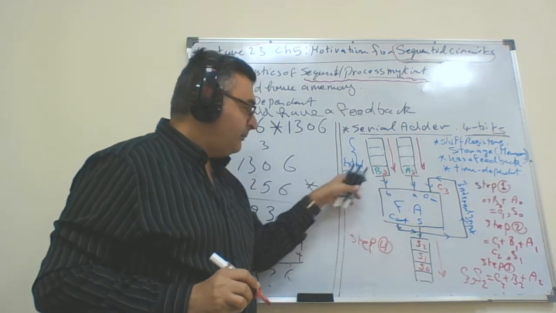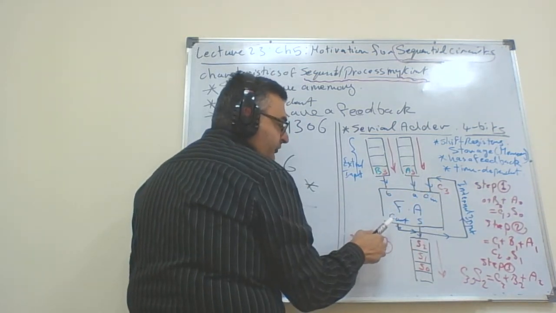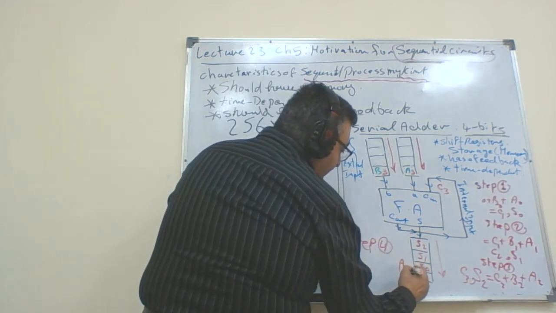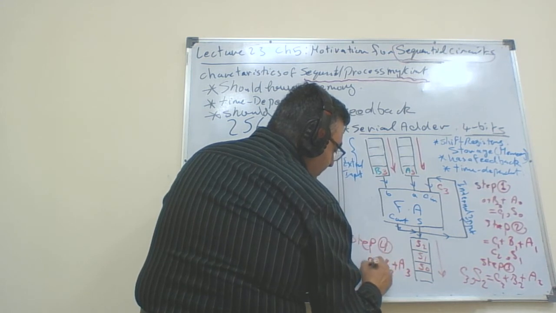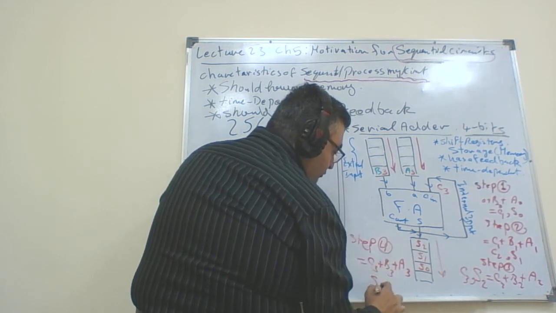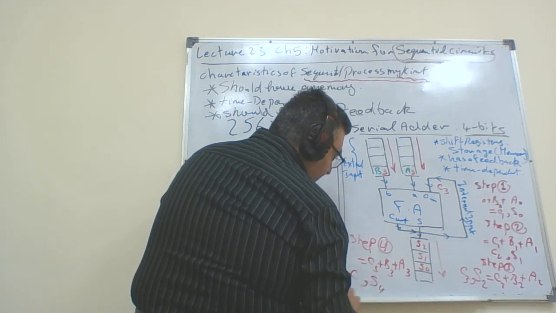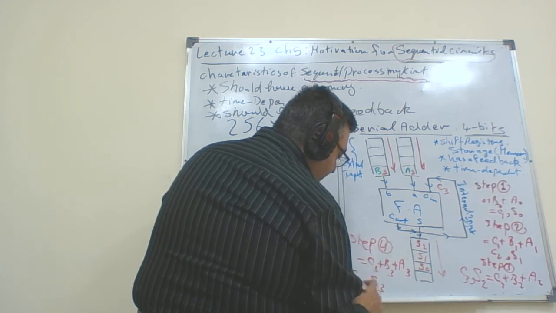At the beginning of step 4, the system is ready for step number 4. In step number 4, I'm adding A3 to B3 to C3, and this will automatically produce for me S3 and C4.